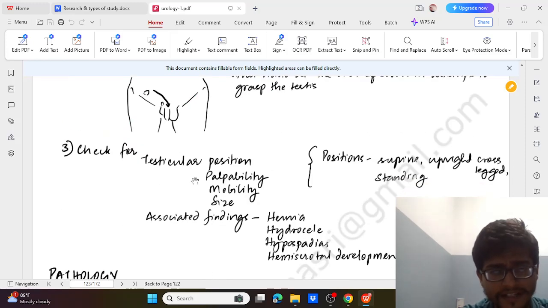Then we check for testicular position, palpability, mobility and size. The positions in which we check are supine, upright, cross-legged and standing.